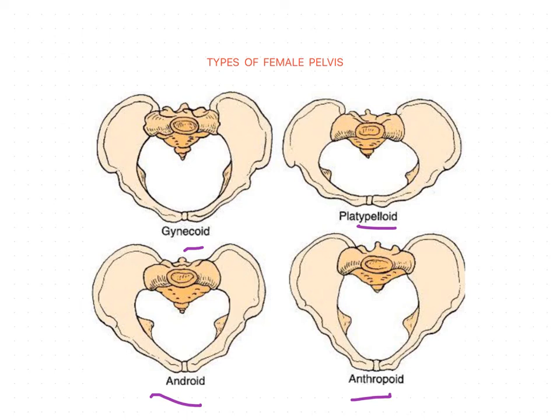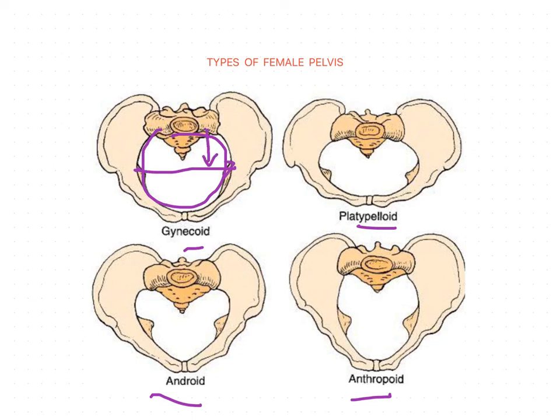The average diameters are the same as those mentioned earlier for the inlet as well as the outlet. Here the inlet is round or slightly ovoid, with the transverse diameter placed well forward from the sacrum.